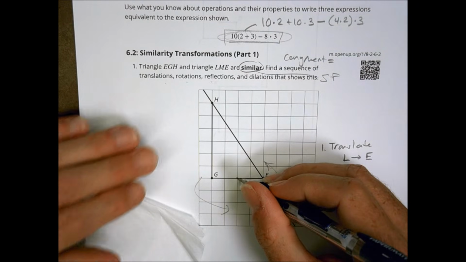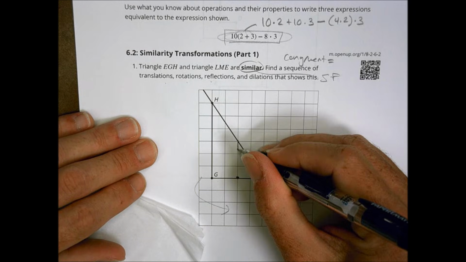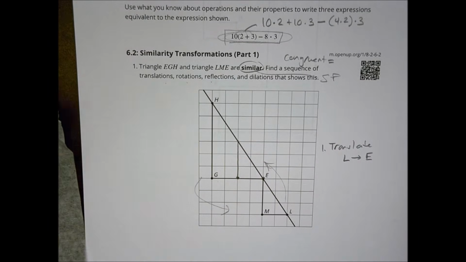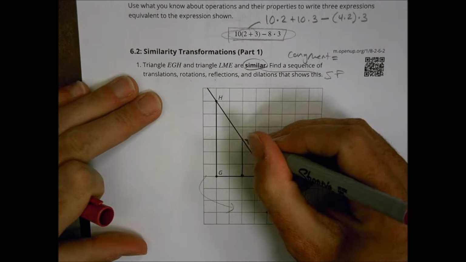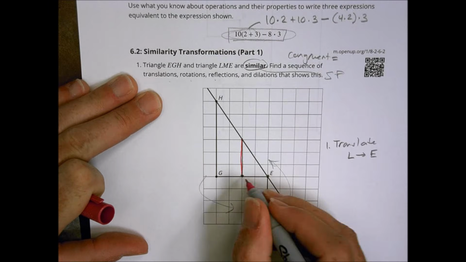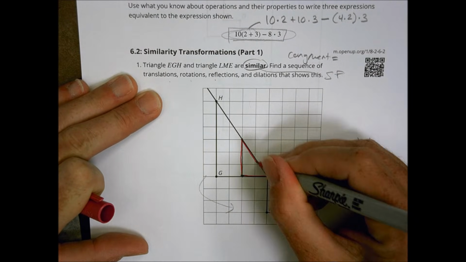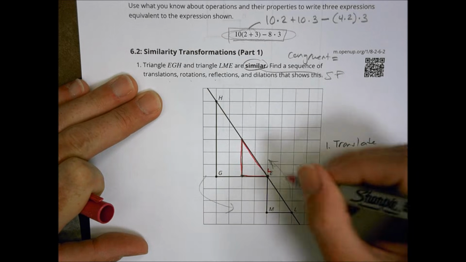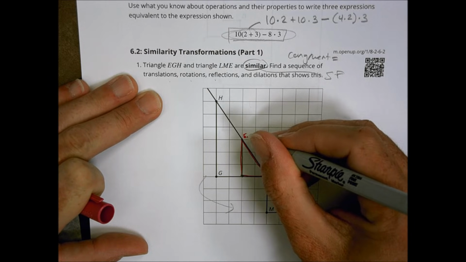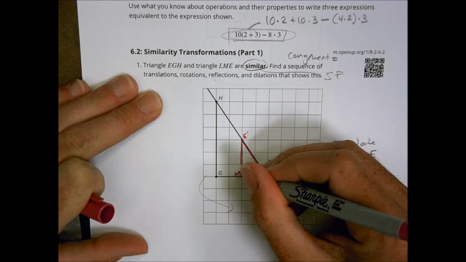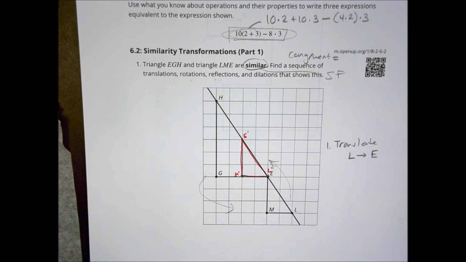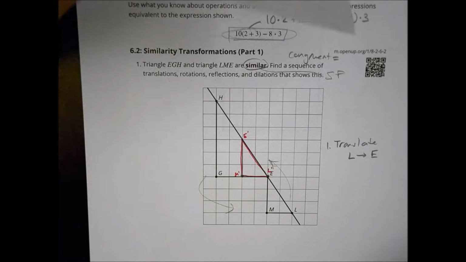So here is a triangle, and my new triangle as its own little shape would be located there and there and there. So I'm putting my points L, and this becomes E prime, and then M. Maybe I could do L prime, M prime, E prime. So I'm translating from there to there.